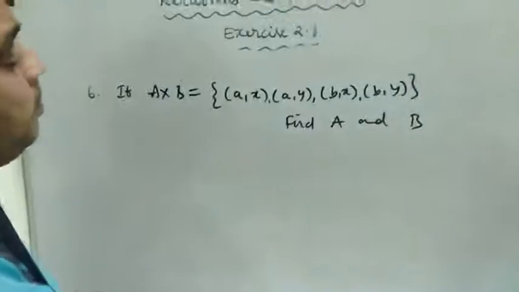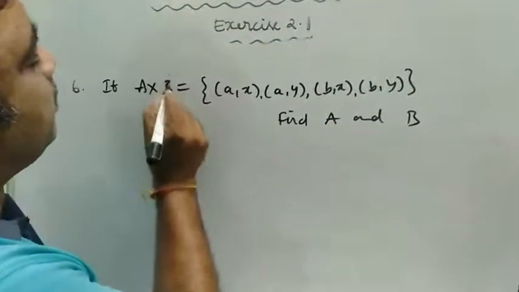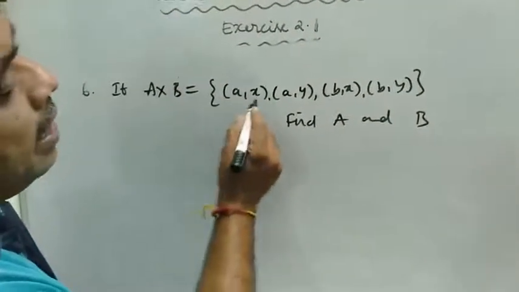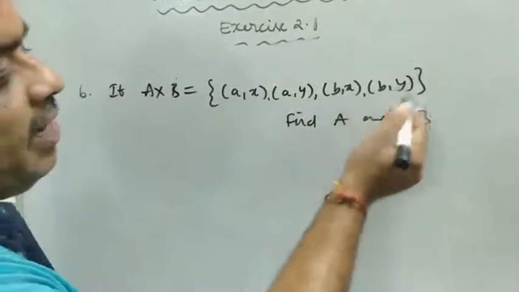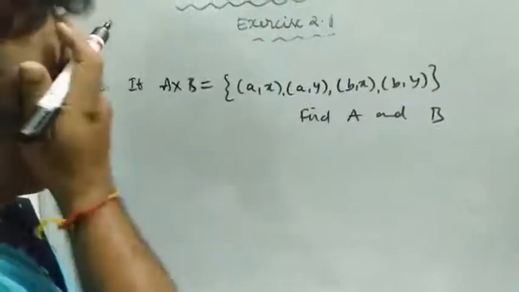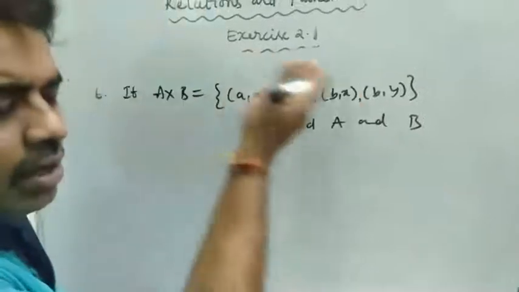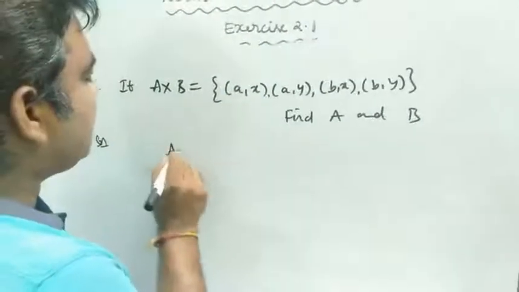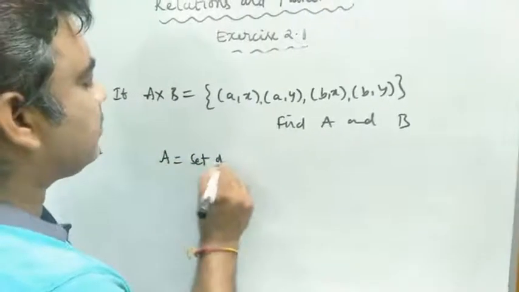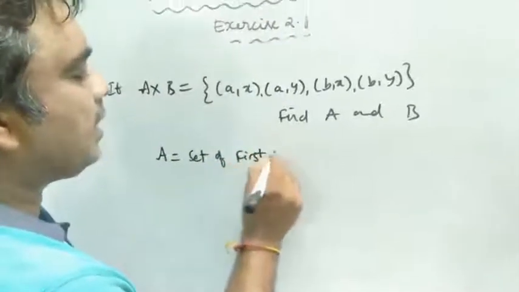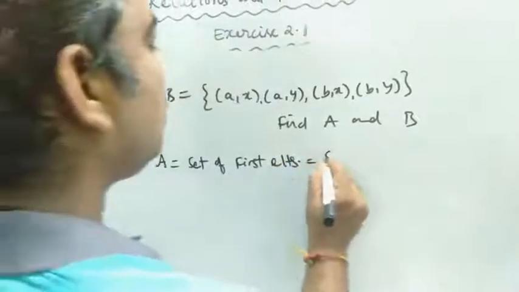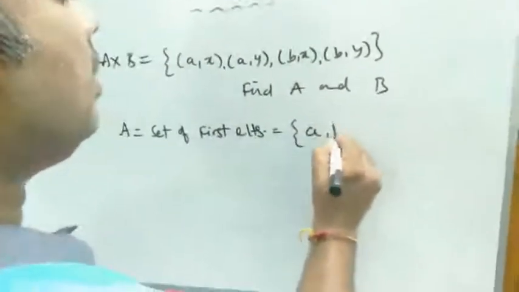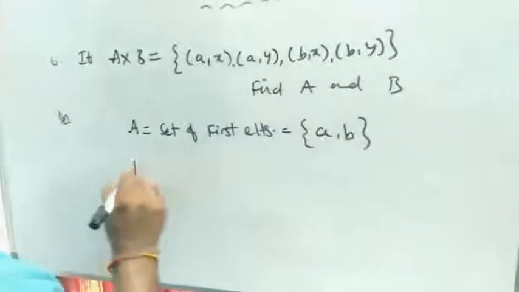Sixth problem. If A cross B is equal to {(a, x), (a, y), (b, x), (b, y)}, then find A and B. So here, given the Cartesian product, we have to find the sets A and B. A means the set of first elements, so the first elements are a, b only.